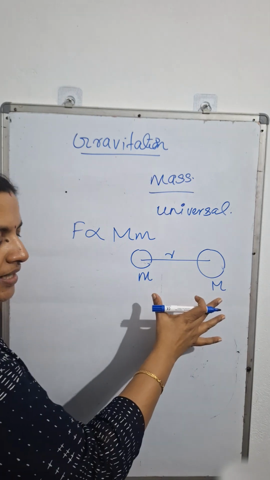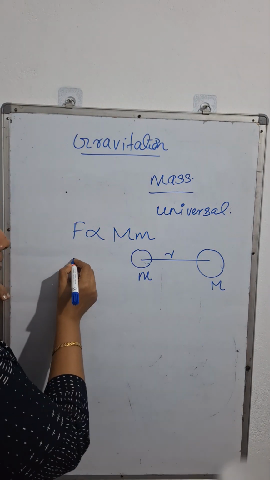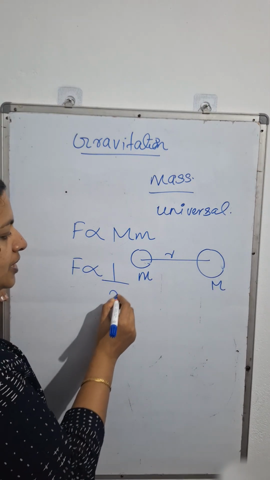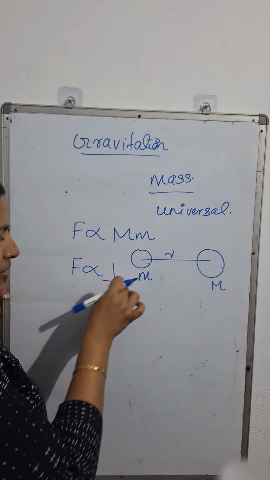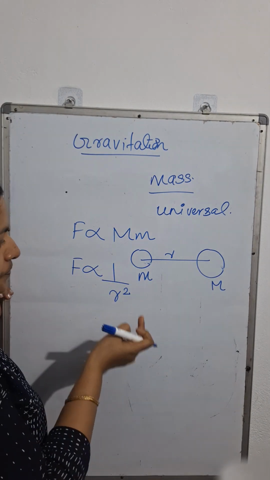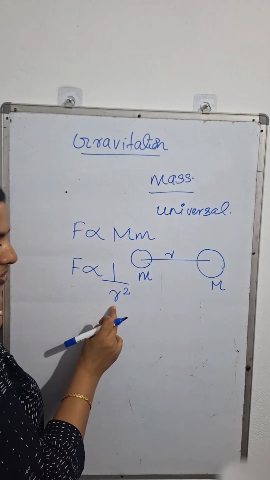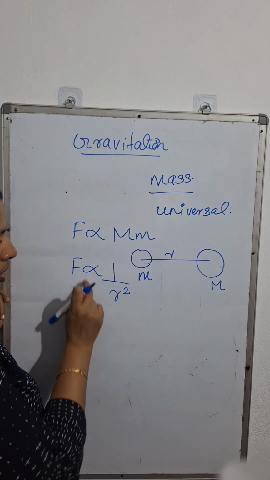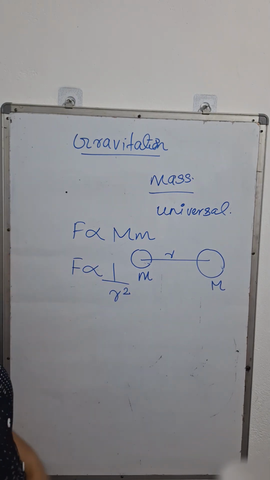Product means multiplication, is it? Product of masses means m into M, and this force is inversely proportional to the square of the distance between them. Inversely proportional means we have to write it as a reciprocal, is it? So force is inversely proportional to the square of the distance between them, or directly proportional to 1 by r square. In both ways we can say it.